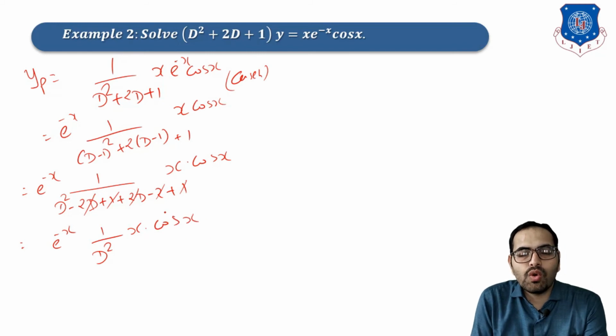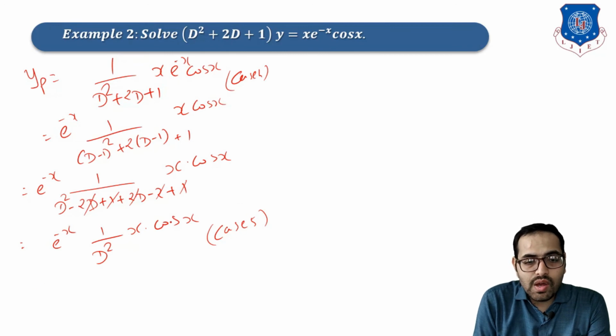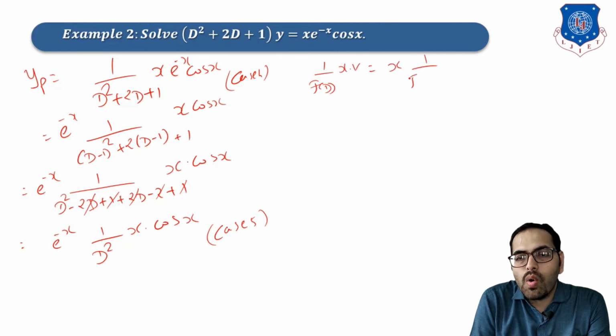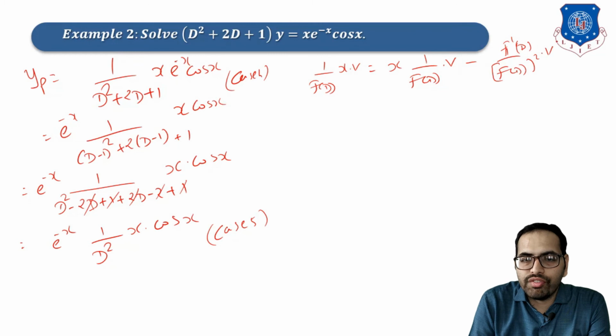See, here x into cos x, then we apply case 5. According to case 5, what do we have to do? Obviously x comes out, because we have the formula 1 upon f of D into x times v is equal to x comes out, 1 upon f of D into v, where v is a function of x, minus f dash of D upon f of D whole square into v of x.